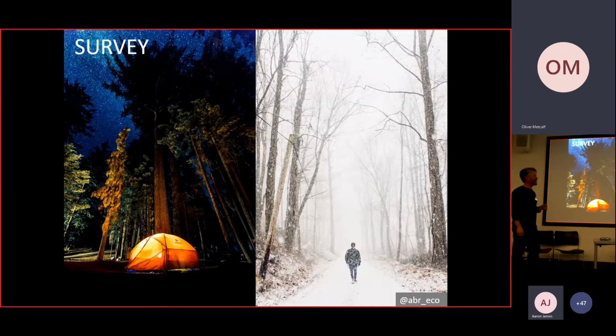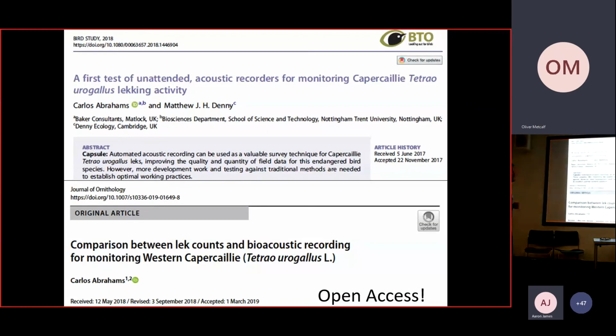So hats off to the people who do it. Both of these methods are used together for the national monitoring for this species, but it's hard work, and so if we can just automate it using acoustic recorders, then why would you not? So that's what we were trying to do and see whether we did that.